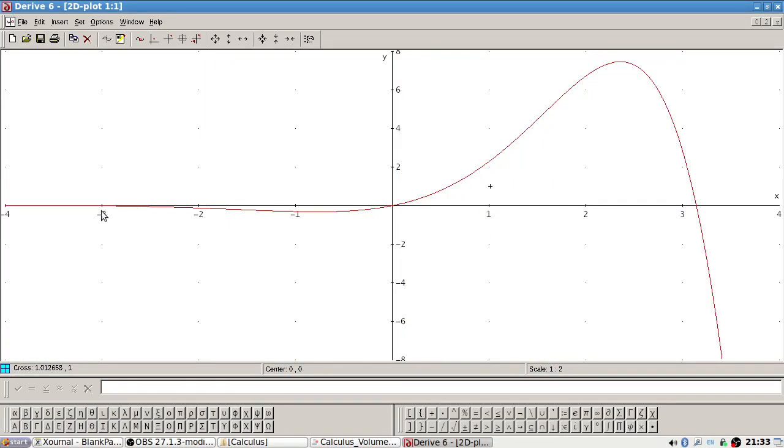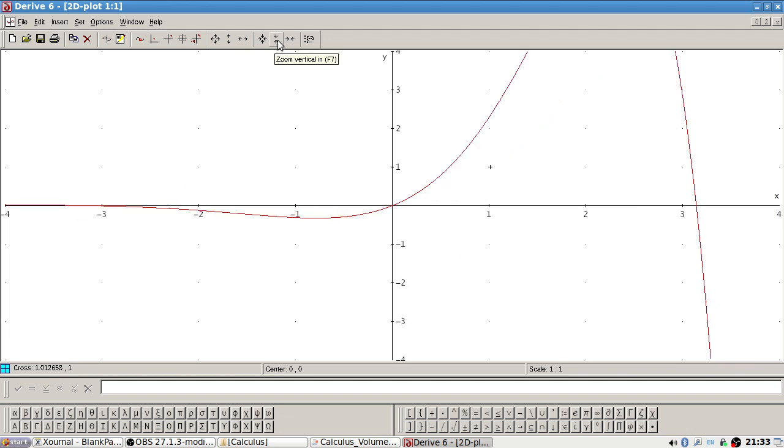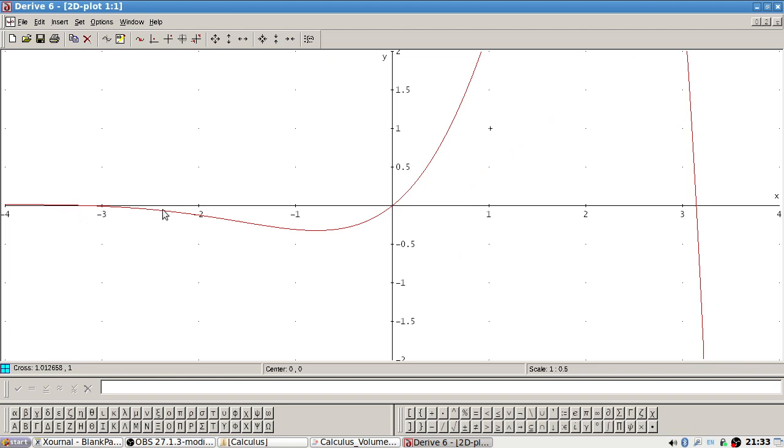Because I can see decreasing, then here it doesn't start increasing until about here. That's minus pi over 4.